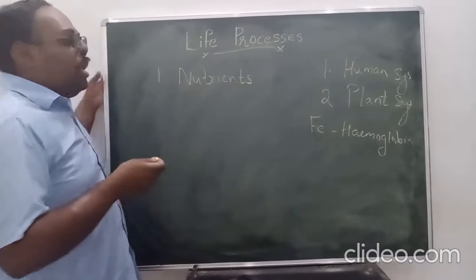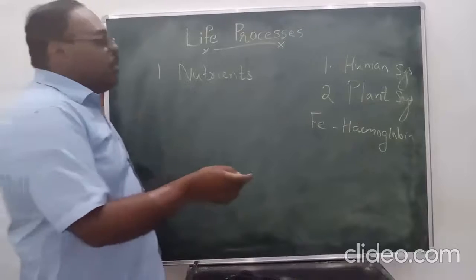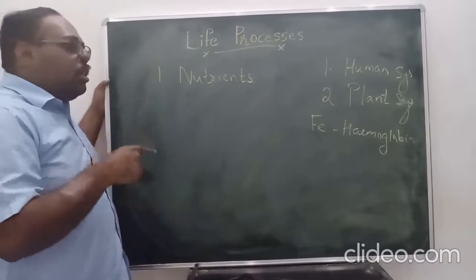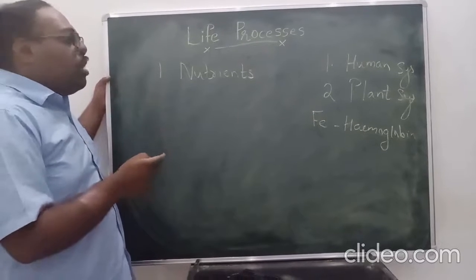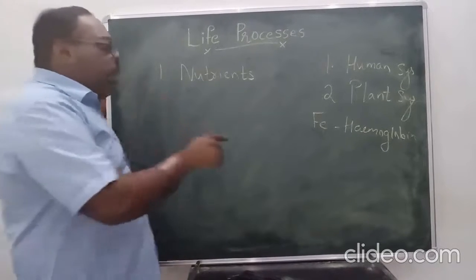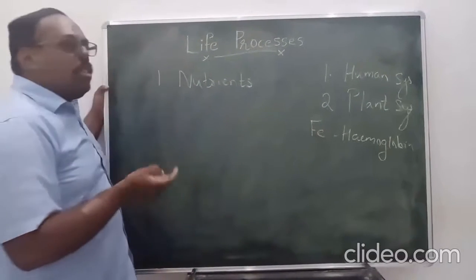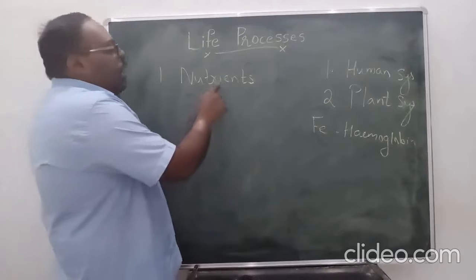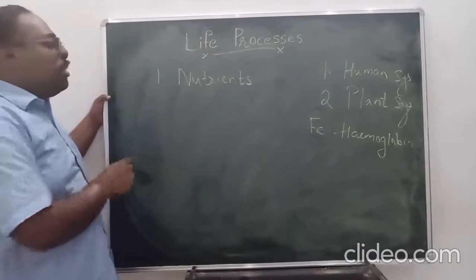My body, or any mammalian body, doesn't have the capacity to produce this iron, so we have to take these nutrients from outside. Those chemicals or biomolecules which help us to sustain our life are known as nutrients.